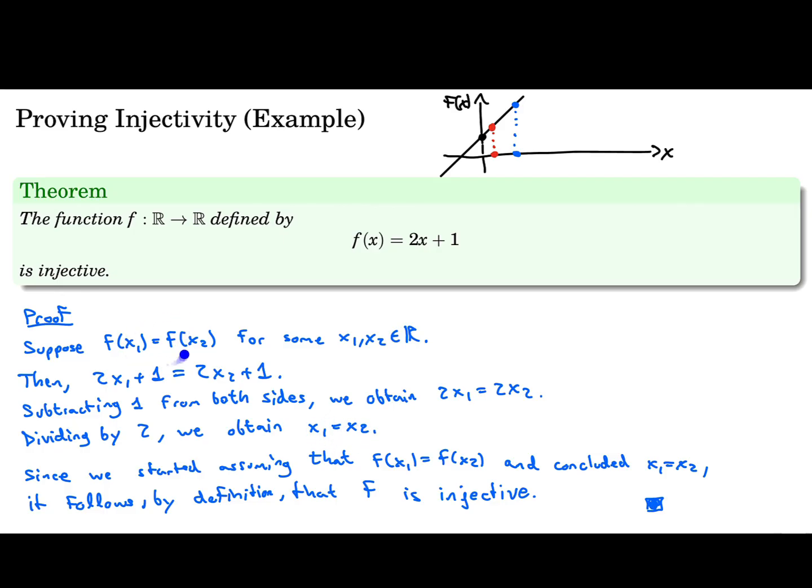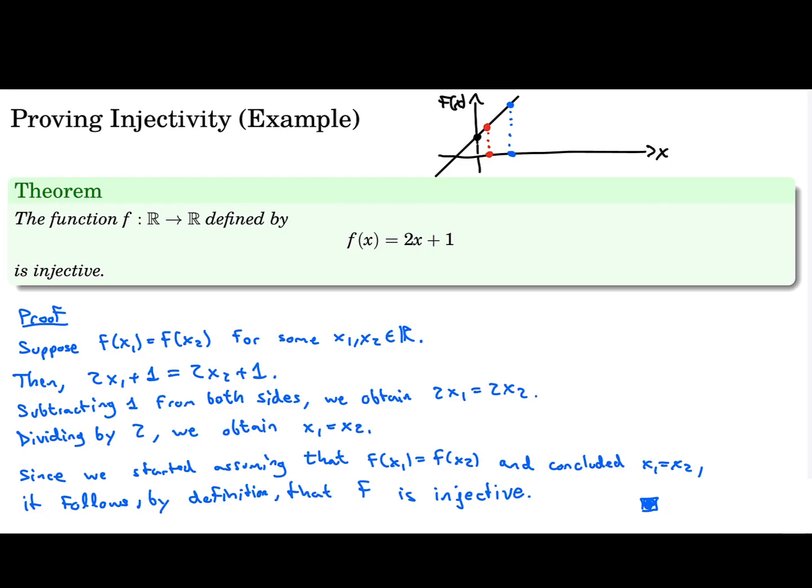In this case, once you write this out, you get this equation, and then you just do algebra on it and conclude that x1 is equal to x2. And so since we showed that f(x1) equal to f(x2) implies x1 equal to x2 for every x1 and x2, that means by definition that this function is injective.